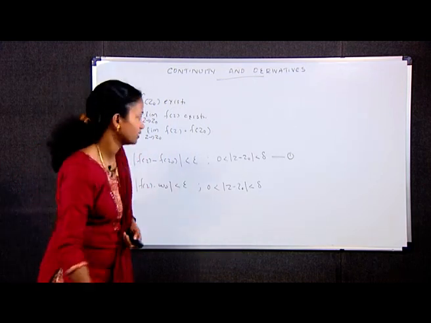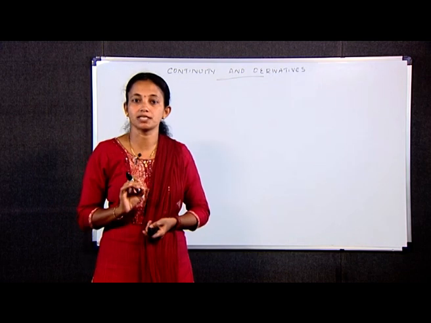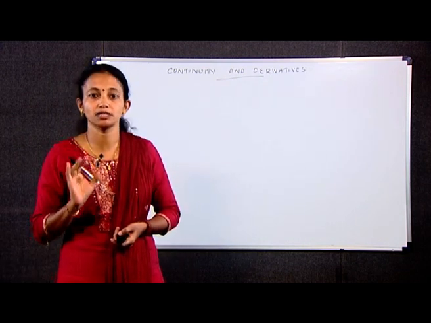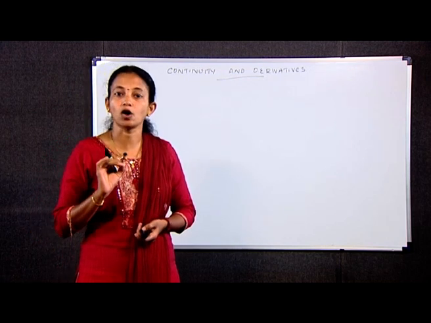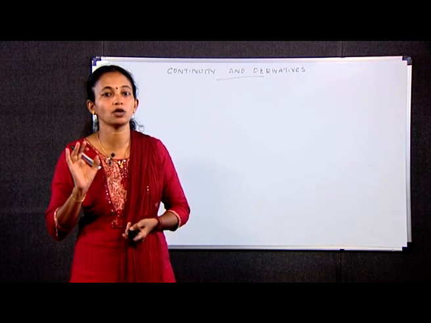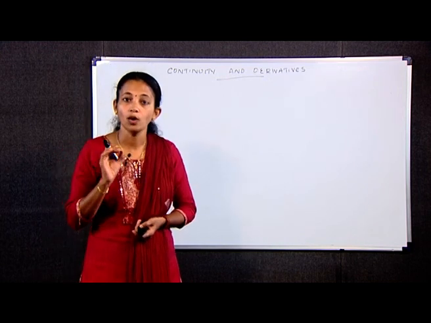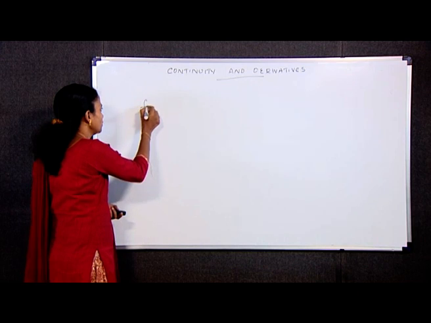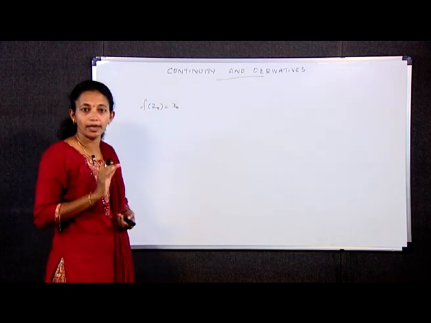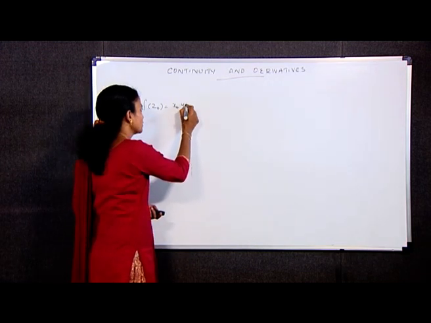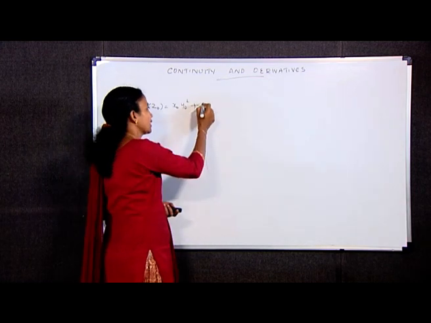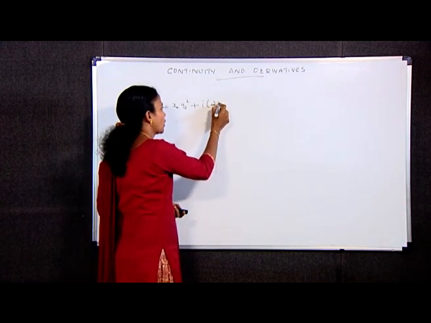Next we have an example. The function f(z) equal to xy square plus i into (2x minus y) is continuous in the complex plane because for any point z0 equal to x0 plus i y0, we have f(z0) equal to x0 y0 square plus i into (2x0 minus y0).